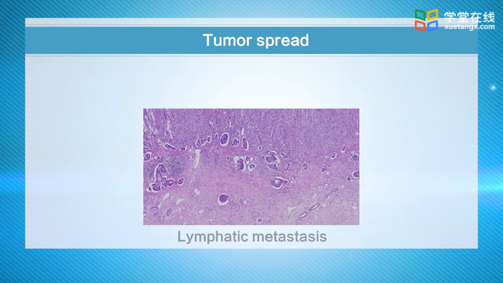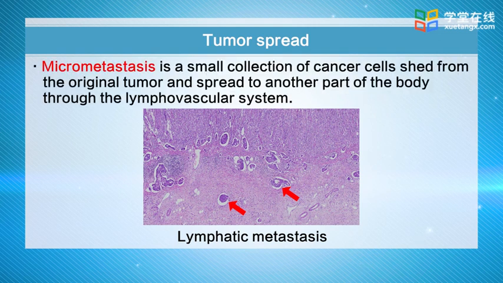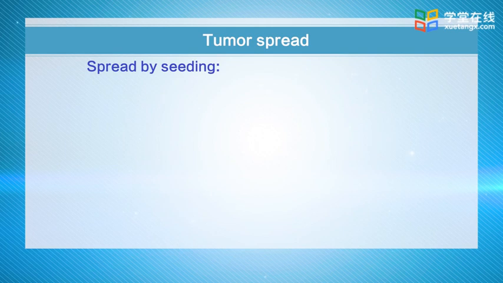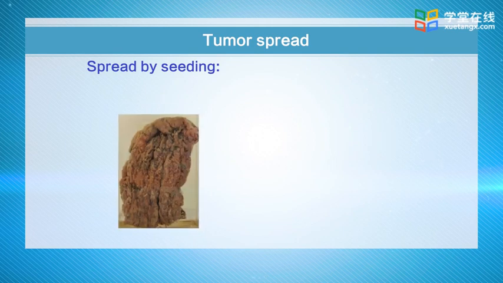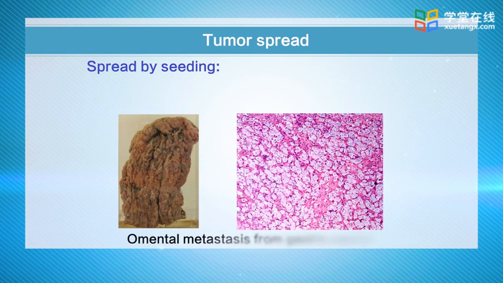Lymphatic metastasis is more typical of carcinoma, whereas hematogenous spread is typical of sarcoma. Micrometastasis is a small collection of cancer cells shed from the primary tumor and spread to another part of the body through the lymphovascular system. Spread by seeding means the spread of tumor cells in a cavity.